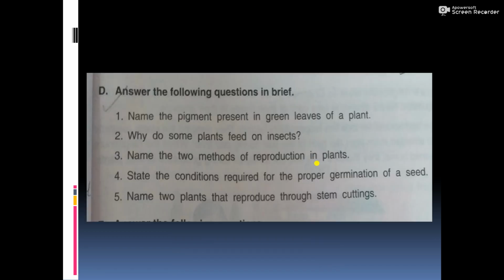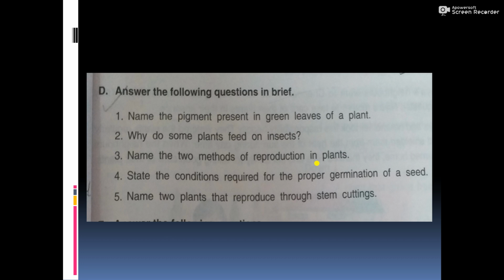These questions and answers are given in your book. Just see part D, because A, B, C, D and E, five types of questions, are given in your book, and one by one I will discuss them.